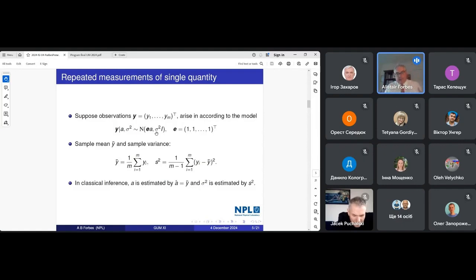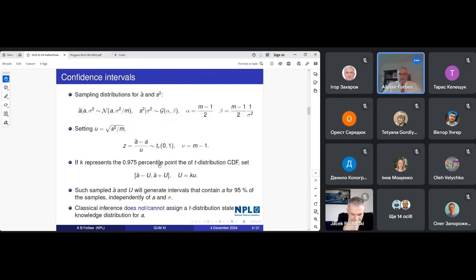So this is the standard model for repeated measurements with Gaussian sampling. We can calculate the mean and the variance of the sample using these formulas. In classical inference, we say that A, the parameter of interest, the thing we're trying to measure, is estimated by the sample mean, and the variance is estimated by the sample variance. That's straightforward and well known.